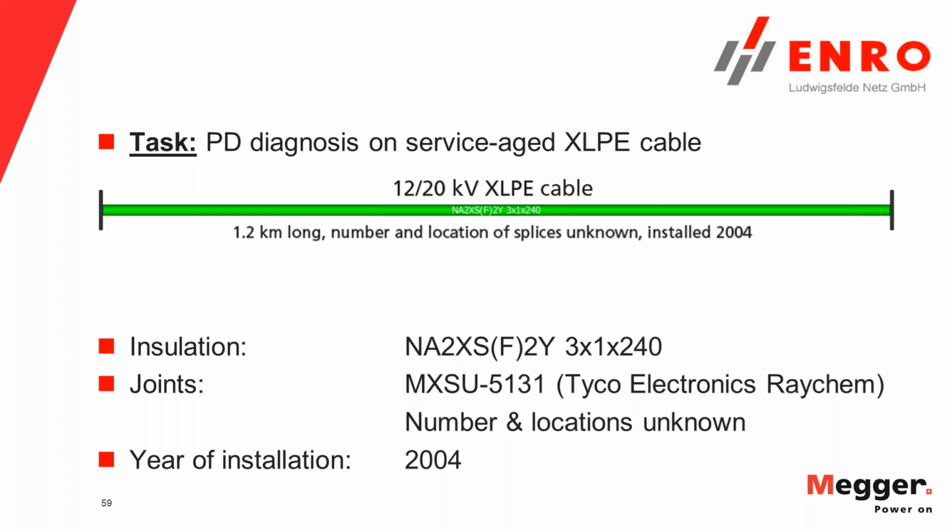And they had quite a story to tell here. They had this cable, and I don't want to go too much into the details. This is one of the examples we really dissect in the seminars and in the long training sessions. So you have a 20 kV XLPE cable, so 12 kV is U0, the operating voltage, center conductor to concentric, installed 2004, XLPE.